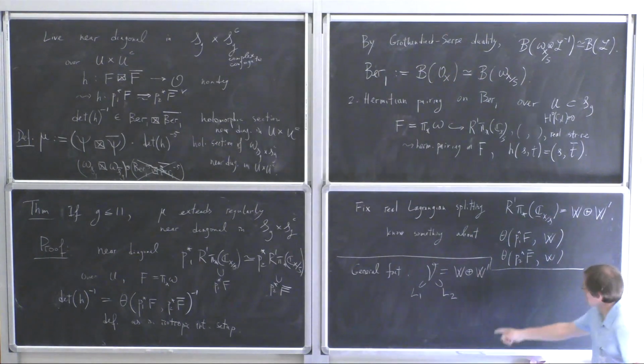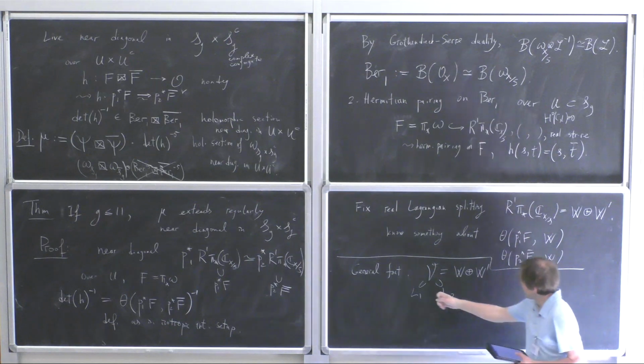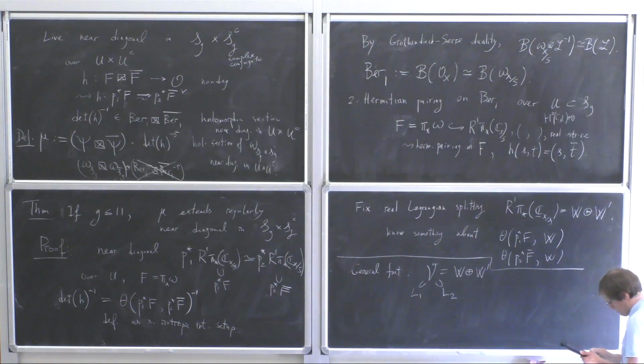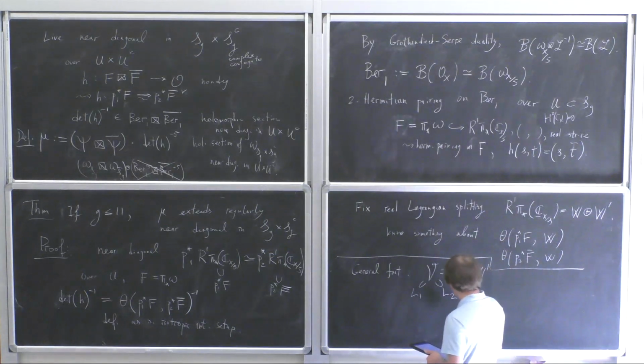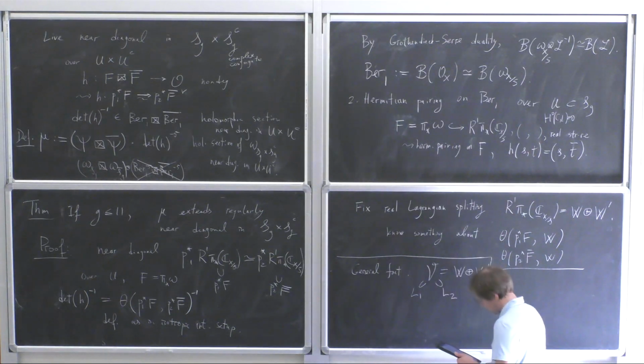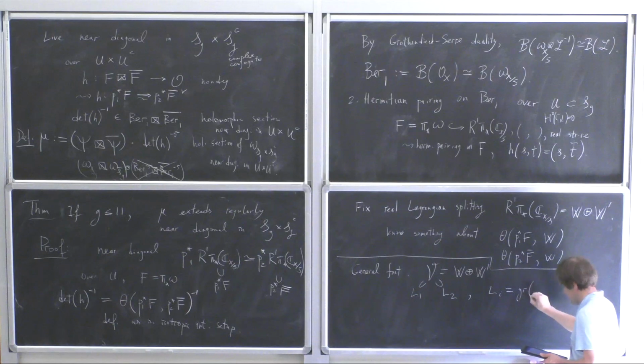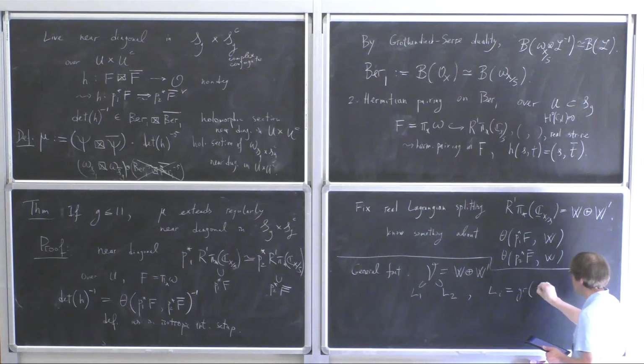So these are all Lagrangians. This is a Lagrangian splitting, and L1 and L2 are generically transversal and generically transversal to W. So then you can write each of them as a graph of a map from W prime to W.